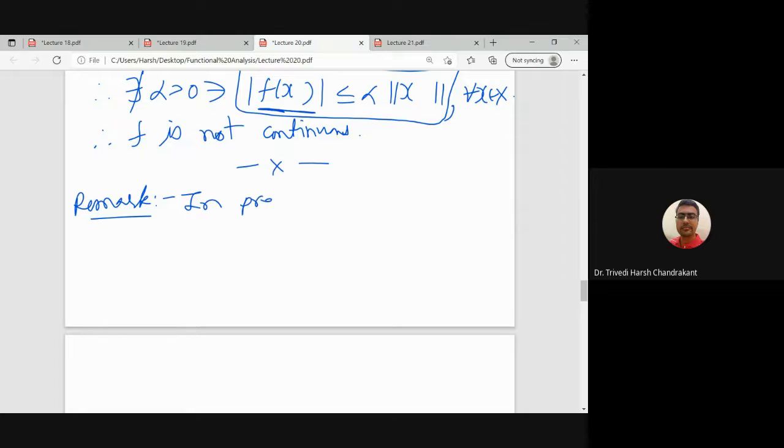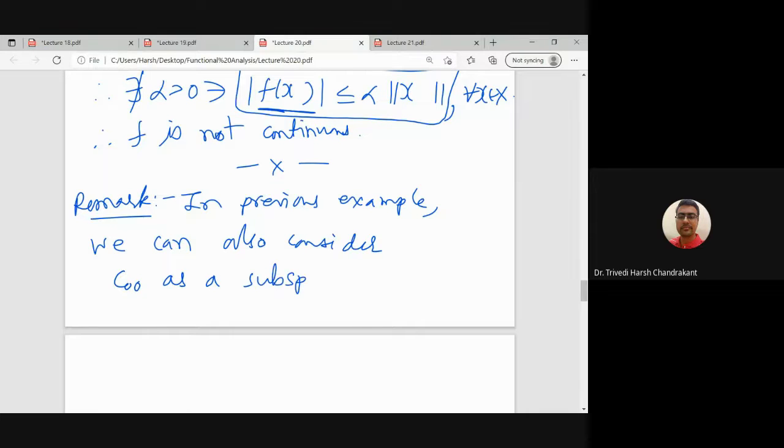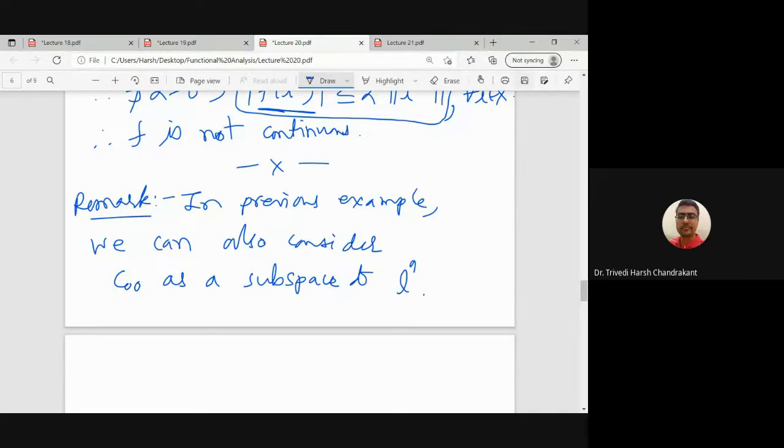In the previous example, we can also consider C00 as a subspace of L1. What is L1?